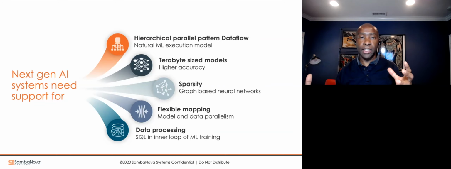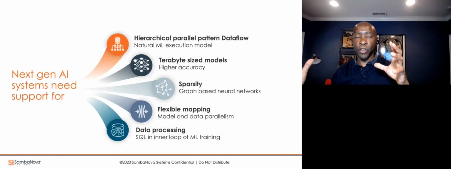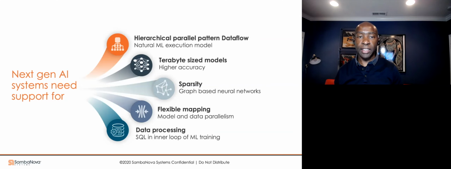So terabyte-sized models are a driving trend in ML and AI. In order to deal with the huge model size and the huge number of parameters, and still have tractable amounts of computation, sparsity is becoming more and more something that we see in these neural networks.